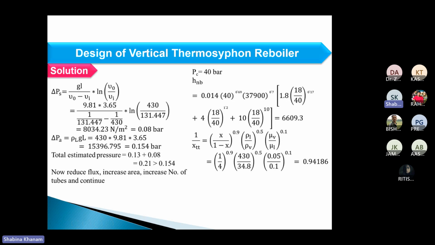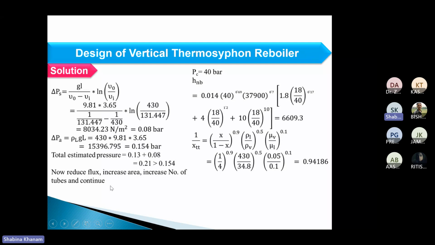Once you bring this, we assume that we will proceed from this condition onward, considering the same recirculation ratio and same velocity and all. But you need to bring it to the feasible range, and then the heat transfer coefficient should be done.